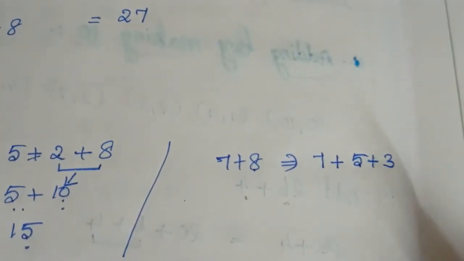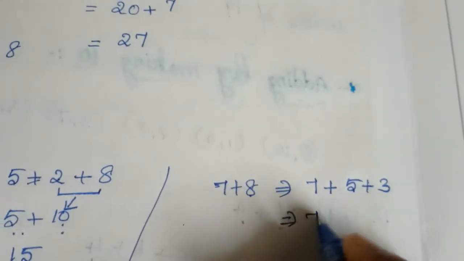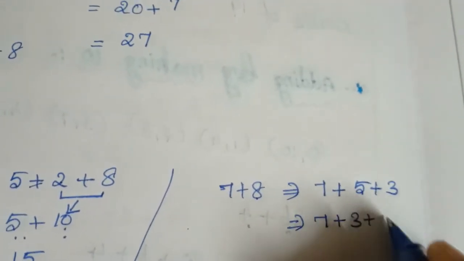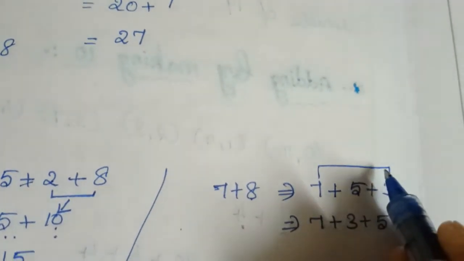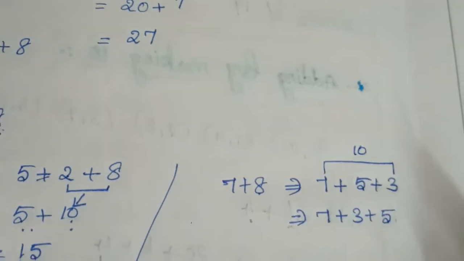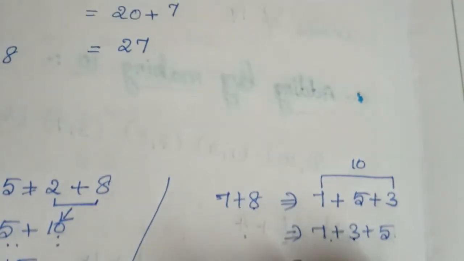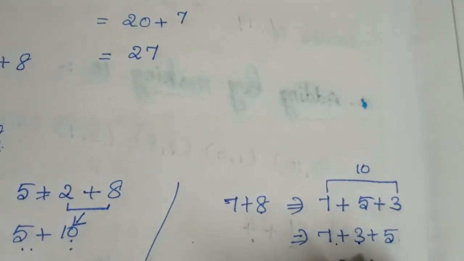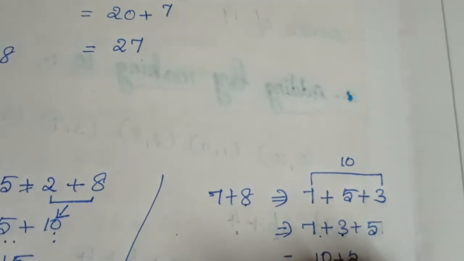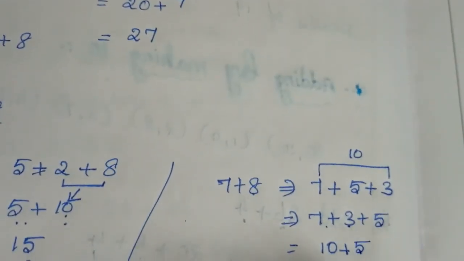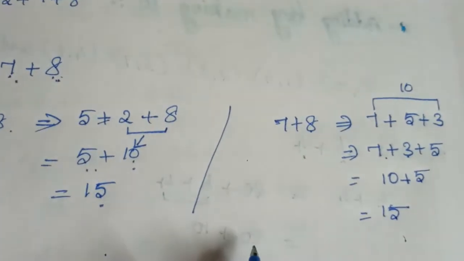Now children, we have to rearrange these numbers, 7 plus 3 plus 5, because 7 plus 3 gives us 10. So 7 plus 3 gives us 10, and you have to add 5 to this 10, so we can get the answer 15. So both the answers are correct.